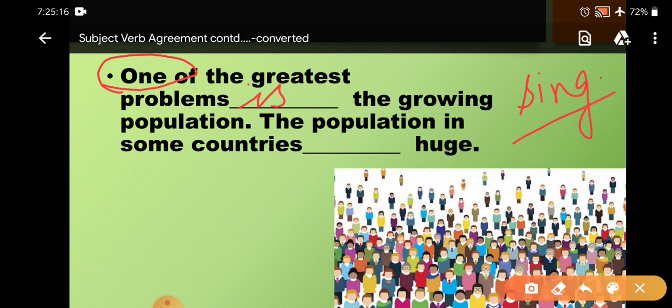The population in some countries, this you can in your mind keep in a bracket. What are we talking about? Population. So we say the population is huge. The population in some countries is huge. One of the greatest problems is the growing population. The population in some countries is huge.